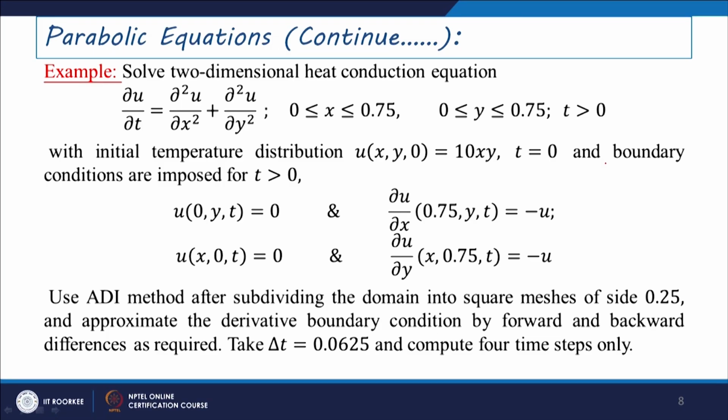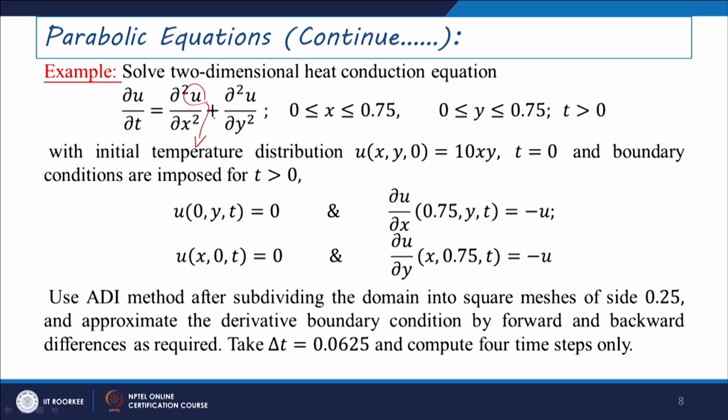With the initial temperature, since u is the temperature here, u of x y 0 at the initial level t equals 0 is given as 10 x y, and the boundary conditions are imposed as u of 0 y t equals 0, del u by del x at 0.75 y t equals minus u, u of x 0 t is 0, and del u by del y at x 0.75 t equals minus u.